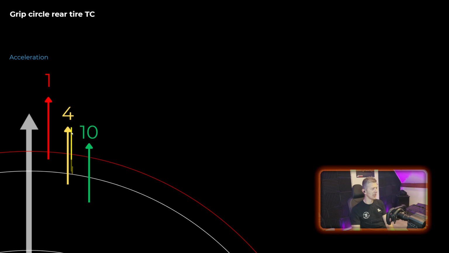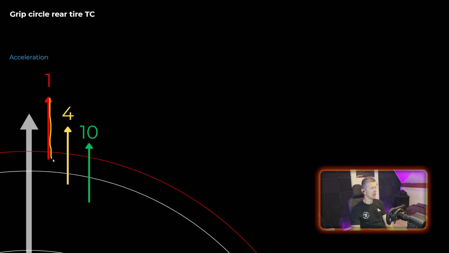So with TC 4 we allow more power to be available when we exit corners in a straight line. When we use 1, it's going to be even later, so when we're already almost spinning, it is only then going to trigger. The height of the TC first one will determine how early it will start interacting with the grip circle, or later. But how do these lines now interfere?